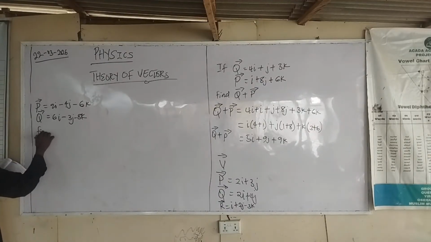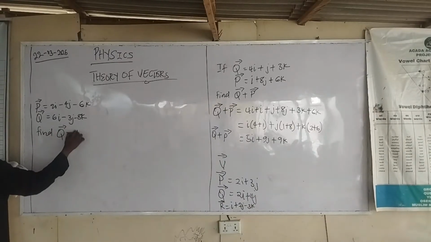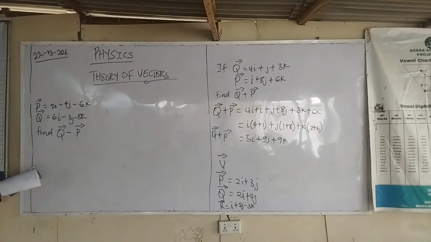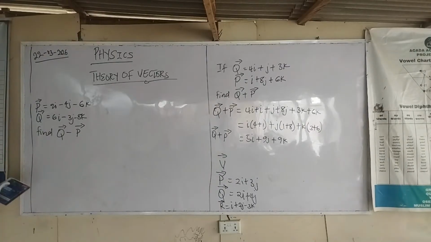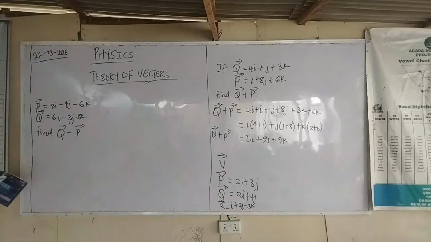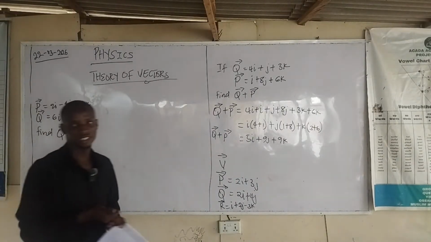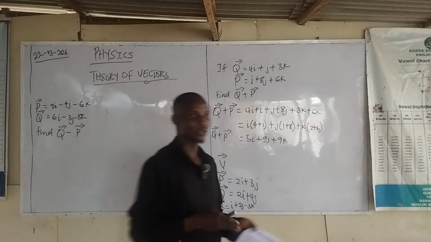Find vector Q minus vector P. What's our answer? 4I plus J minus 2K. Now, the thing about subtraction is that it's more tricky than addition, because the minus must open the bracket.